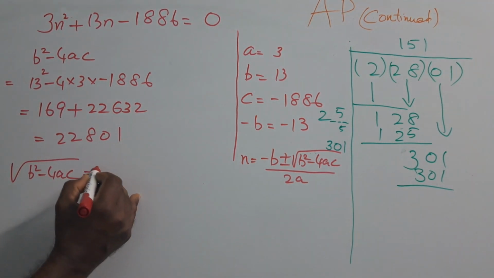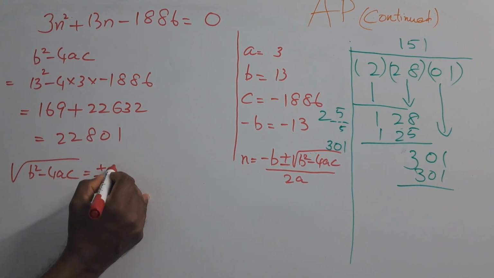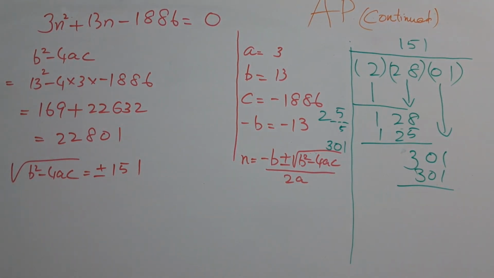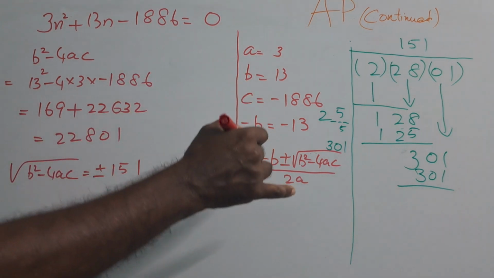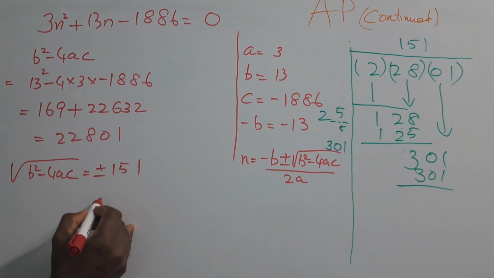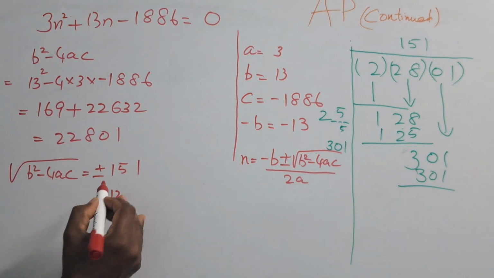Plus or minus 151. Now we can substitute all the values in the formula minus b plus or minus root of b square minus 4ac by 2a. Minus 13.